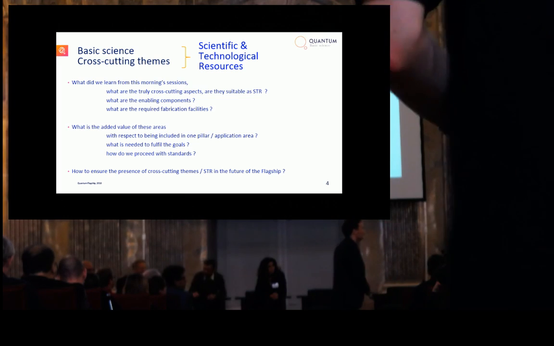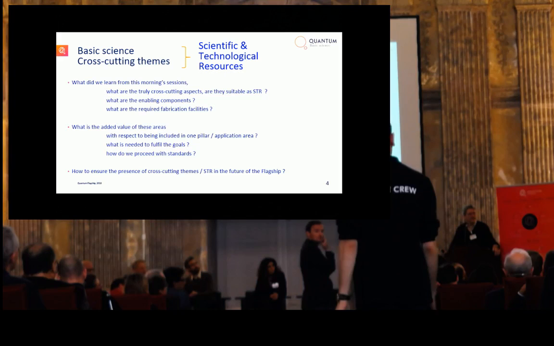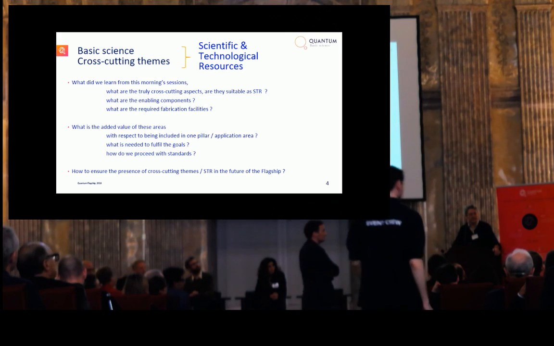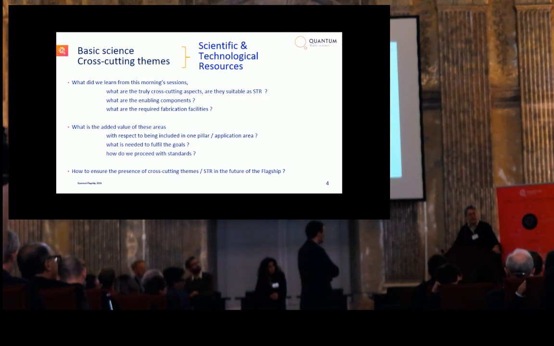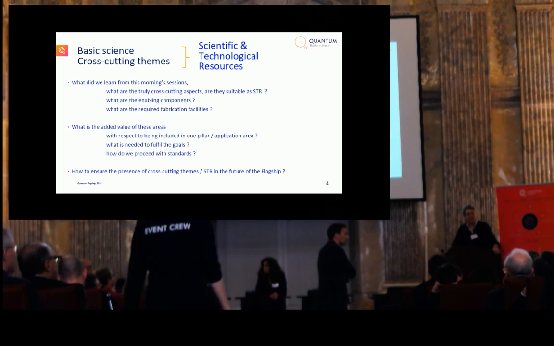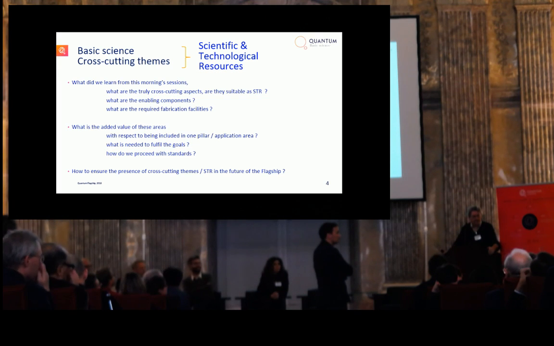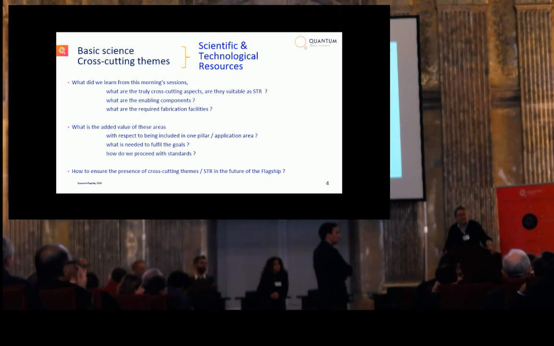Mikko Möttönen from Aalto University of Finland. I wanted to ask the first question because this is a general question for everybody, and I think it's a very hard and tough one, and I hope that some of you can give some sensible answer, at least partly, to this question. We're talking about cross-cutting themes, and I think we agree that these themes should be cross-cutting.